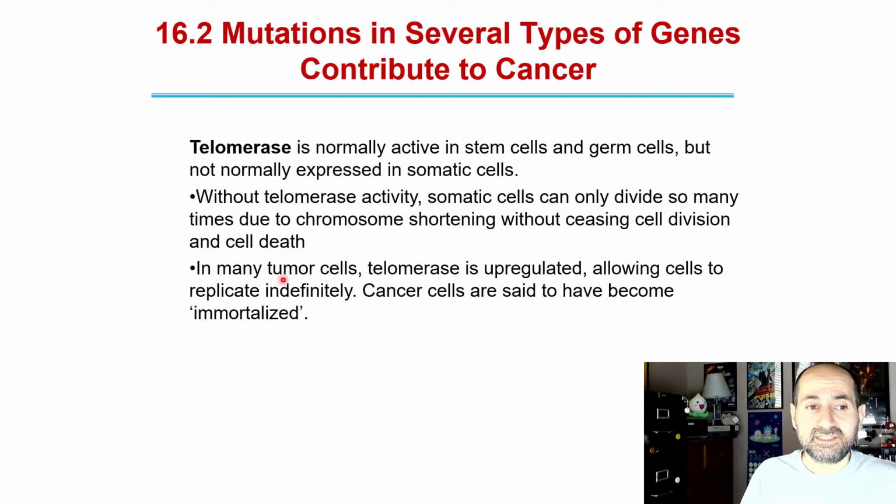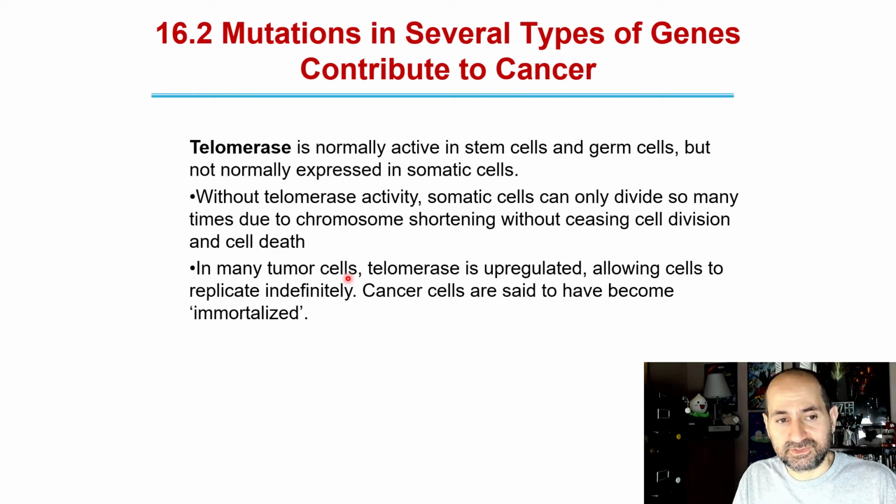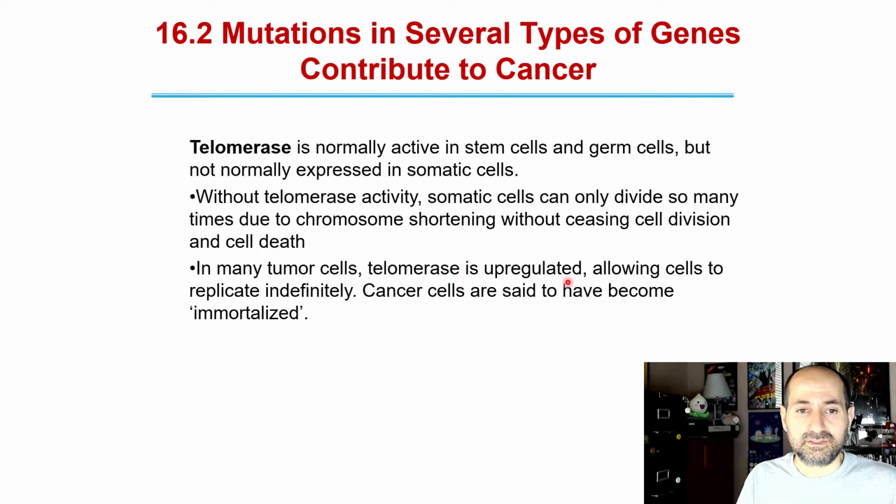However, in many tumor cells, many tumors, telomerase is upregulated, so it's ectopically upregulated, allowing cells to replicate indefinitely. So these somatic cells can now mutate indefinitely. The cancer cells are said to have become immortalized.